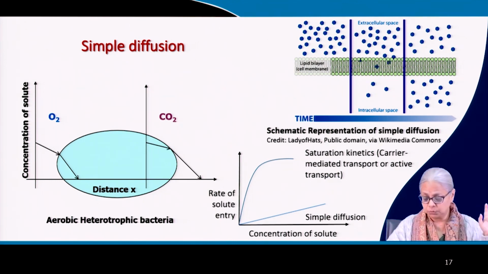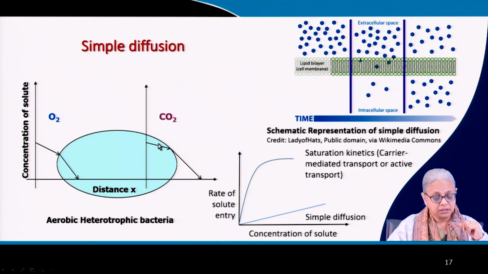These gases can, in response to a concentration gradient, pass through the plasma membrane, and I will come to this graphic next. Eventually, when the concentration is equal on both sides of the bilayer, at that point you get a dynamic equilibrium between the inside and the outside. So that is the simplest one.